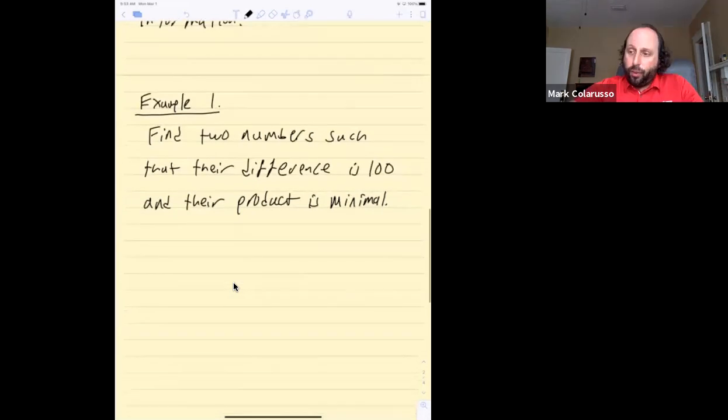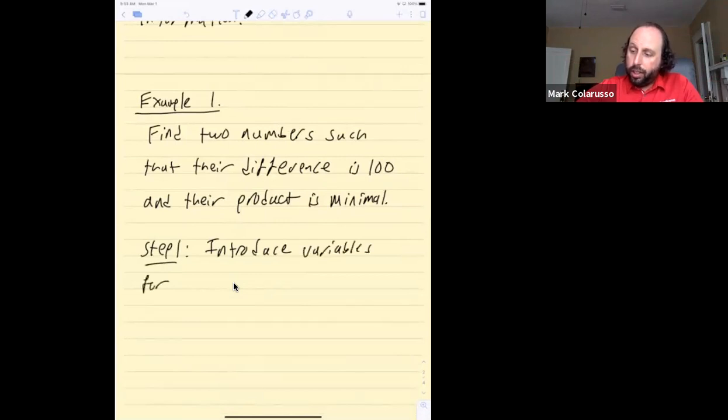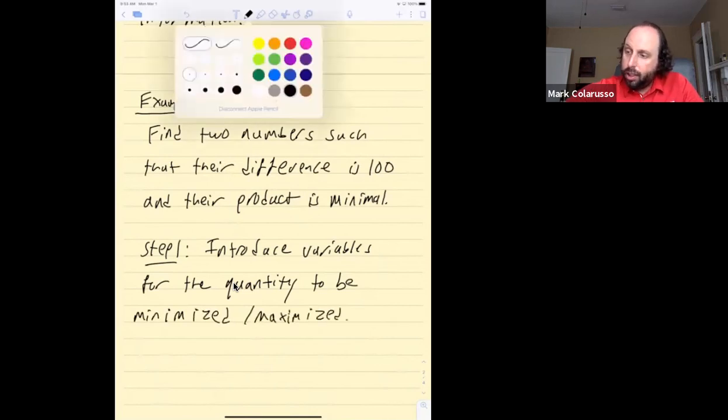So the first step, and like I said, there are some very general things you do, is to introduce variables for the quantity to be minimized, or in other cases maximized, but in this case we're just minimizing it.